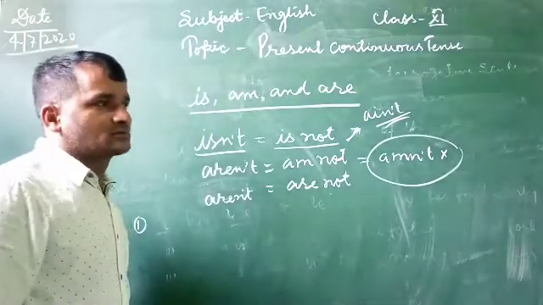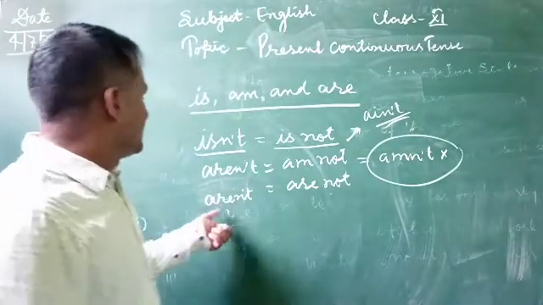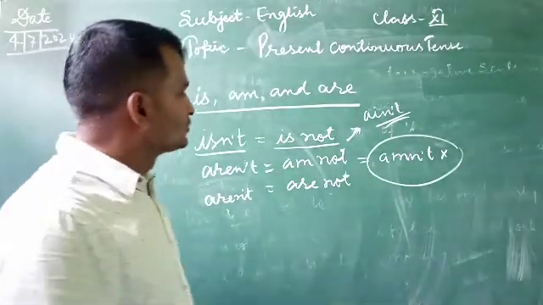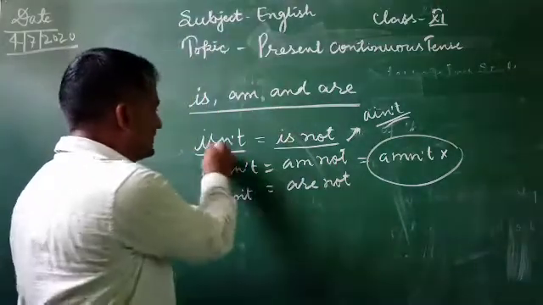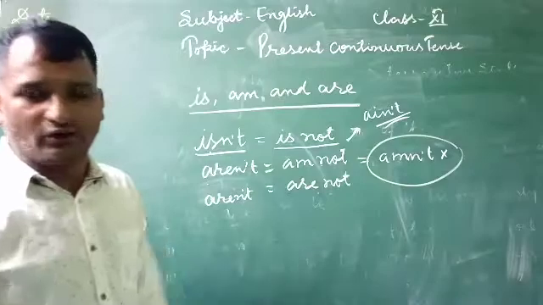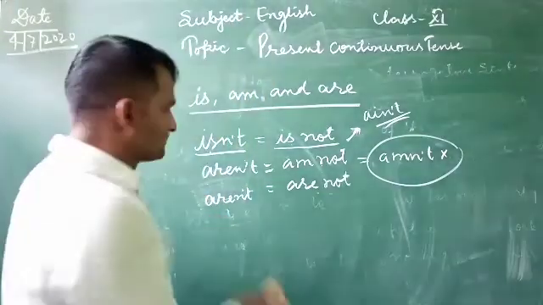I am not listening the music, so you can say I aren't listening the music. So you can use the abbreviations isn't, aren't for am not, and aren't for are not also. You can use abbreviations when you are going to communicate with another person.